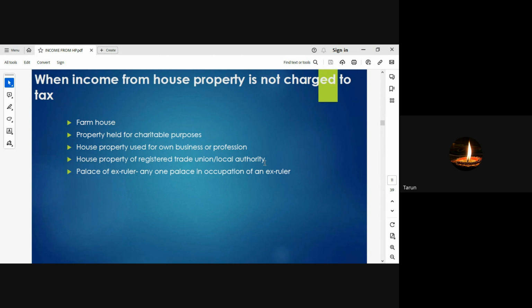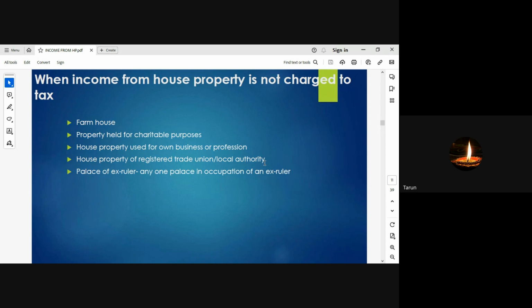House property of registered trade unions or local authorities: if you talk of properties of government organizations like local authorities, municipal authorities, or registered trade unions of workers, it is not chargeable to tax under section 22, which comes under the head income from house property.